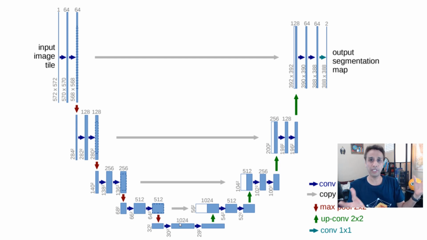This is almost like an encoder-decoder, right? You have something that's going from 572 by 572 all the way down to almost 30 pixels or so, and then the entire thing is encoded into this one vector, not vector, but let's say tensor, and we are going back up and reconstructing this image.